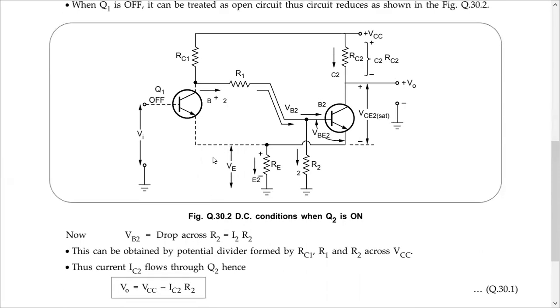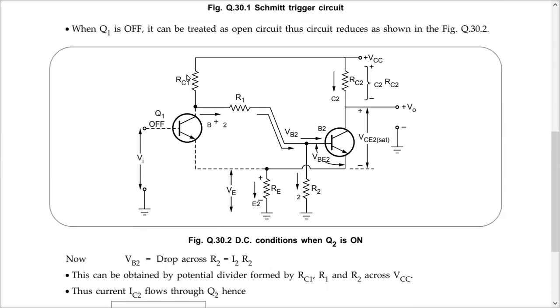So what happens in this condition? Because Q2 is on, there will be a current flow in this path. Why are we discussing this path? Because in our electronic circuits, we are always interested in the output, and here the output voltage is in this path. How can we calculate this output voltage?